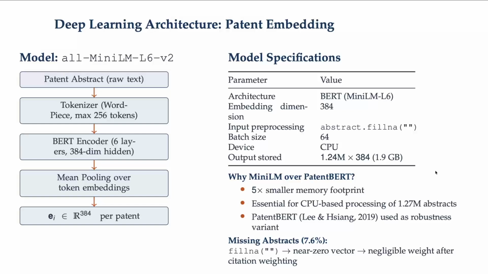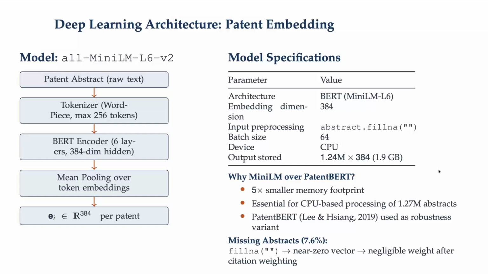So finally we get the E_i, which has a dimension of 384 for each patent. Patent BERT is mainly for category or classification. But especially in this case, sentence BERT, MiniLM, is used because it is a little bit lighter, so memory usage is low.